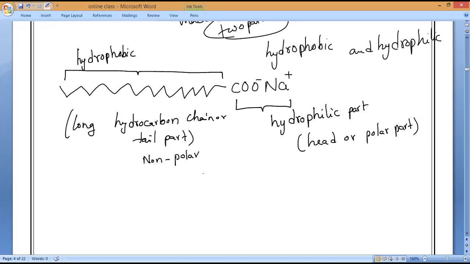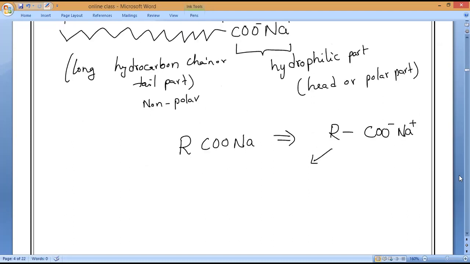Now, if we take general soap, we represent it as RCOONa. I can write it like this: R single bond COO minus Na plus. Here, what does R indicate, guys? Long chain hydrocarbon. What is that called?